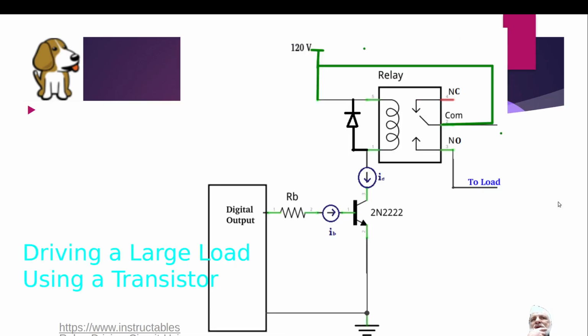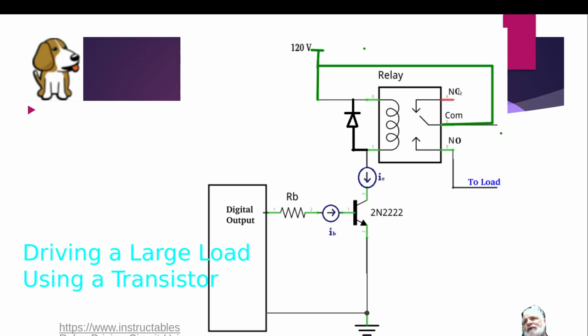All right, so here's an example again where we're driving this relay. I have a relay here, and this arrow is just showing the measurement of the currents, and this is what we call the base current. When this goes to a 1, we have 3.3 volts here, and that turns on this transistor, which allows current to flow through the coil of this relay, which then activates it.